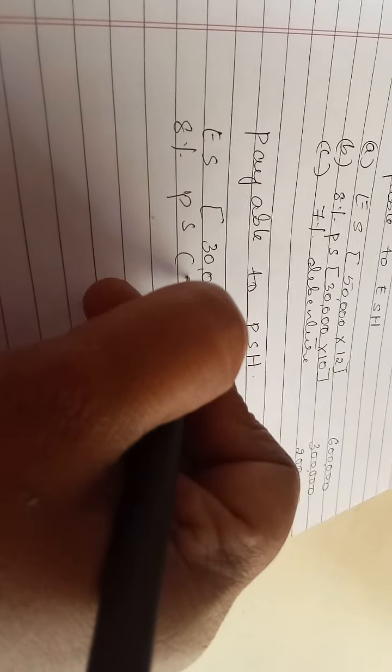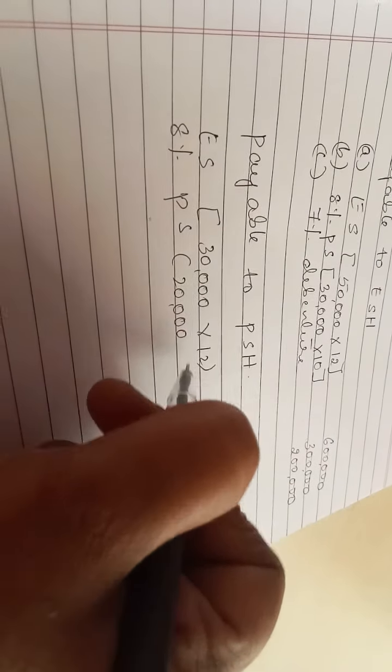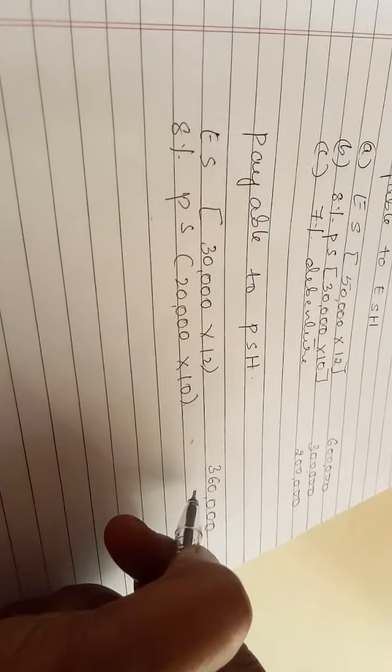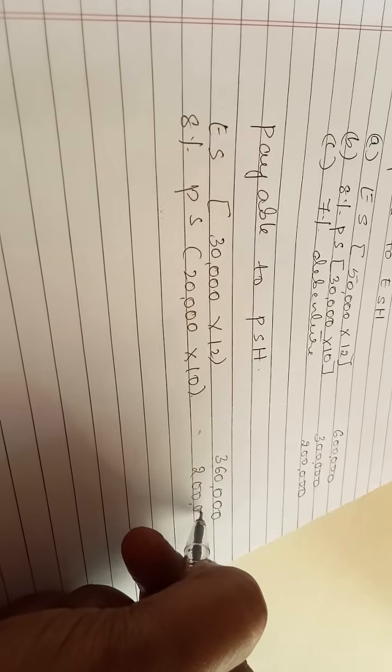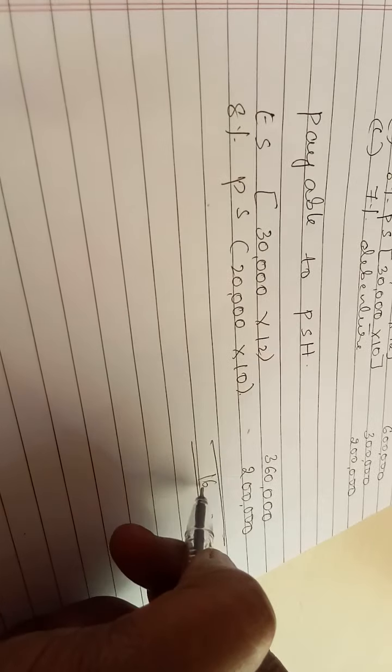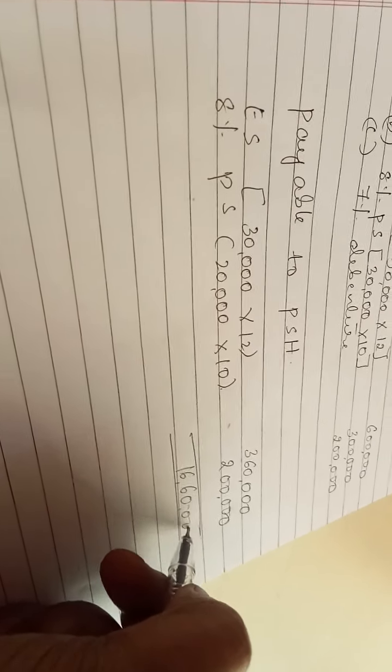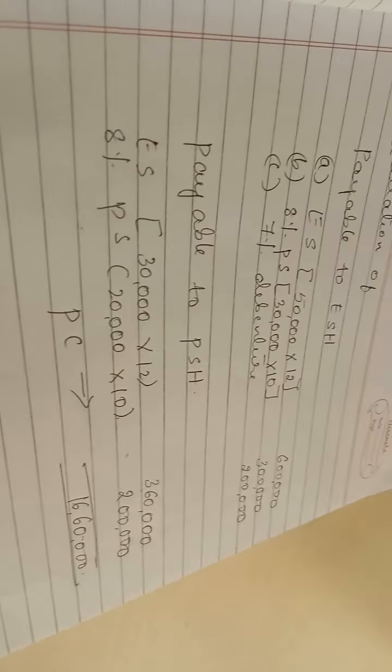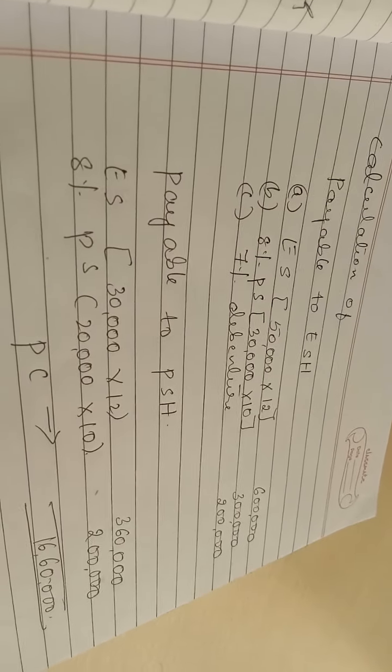Next, 8% preference shares, 20,000 into 10, it comes to 2 lakhs. So total payment to shareholders, both equity and preference shareholders, 16,60,000. So this is the calculation of PC for the fifth problem.